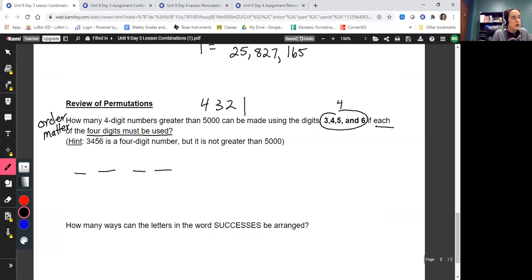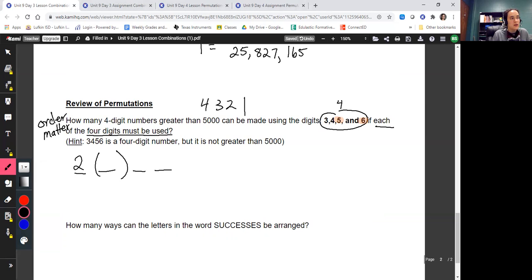And I'd say that you are correct if it didn't say that it has to be greater than 5,000. But we have to have a number greater than 5,000, and there are only 2 numbers that can get us a digit that's greater than 5,000. So our first place has 2 options.